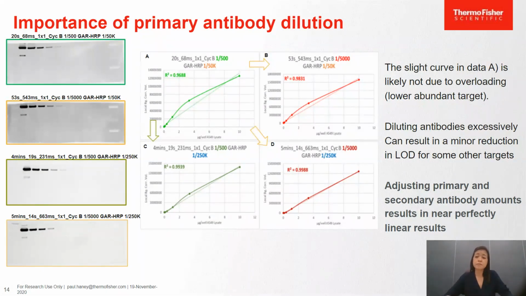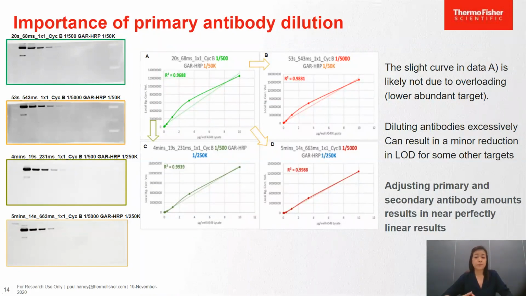Now let's take a look at cyclin B, a low abundance target. Here, the slight curve in data A is likely not due to overloading since it is a low abundance target. In data B, we have diluted primary antibody by further 10 times, and in data C, we have diluted the secondary antibody by further 5 times. And for both of these dilutions, you can see there is improvement in the linearity of the curve.